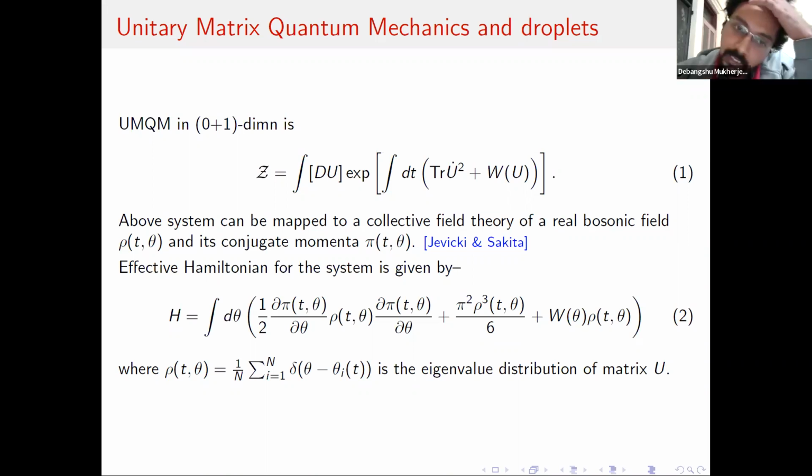So the way the mapping is done is that the positions, the locations, the theta i's that you see of the eigenvalues in U are precisely the thing that gets mapped to rho. So in 2, what is the domain of rho and what is the range of rho? Rho is something which will always be greater than 0. Then the quantization of 2, it's not bounded, if that is what you are asking.